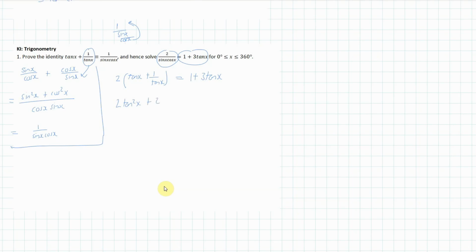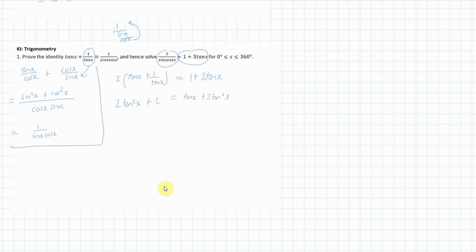Because you can imagine if I'm timesing both sides by tan x, it's like 2 tan x, and then I expand the bracket, so I get 2 tan squared x, that one times that one. And if I'm doing 2 tan x times this one, you can see that the tan x's will cross out and leave us with the 2. And then the right hand side, I'm going to have tan x plus 3 tan squared x.